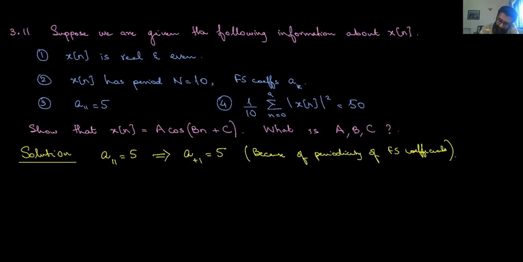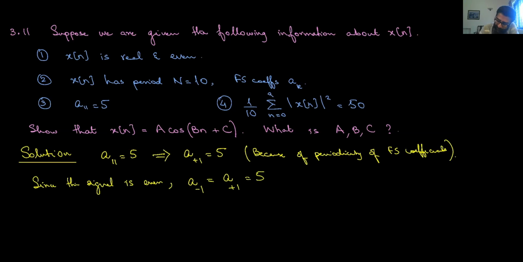Yes. And since the signal is real, actually you don't need to, the signal is even. A minus 1 is going to be equal to A plus 1, which is 5.